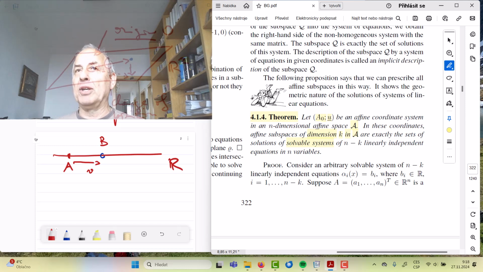So the affine subspaces are always non-empty, because the smallest affine space, the zero-dimensional affine space, is just one point, right? Just one point, not empty.